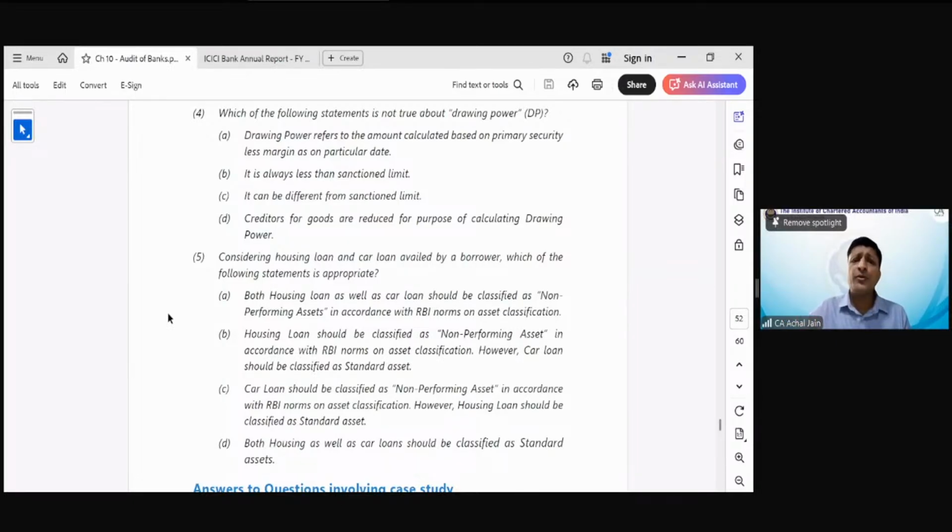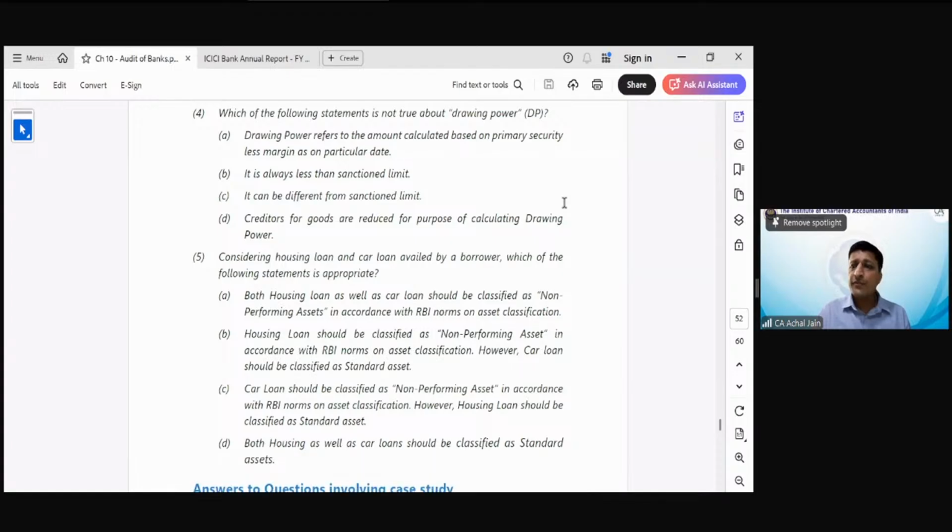So every time, what do you need to check? Whether the borrower is good or not in terms of ability to repay. That's how you need to look into it. Okay, clear? Any questions? Any doubts so far?